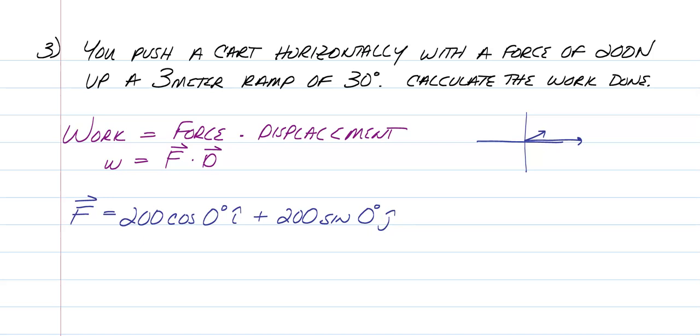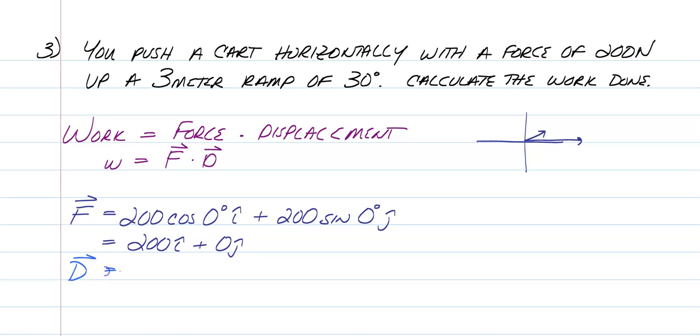Now, because the cosine is going to be 1 at 0, you should already know this from the unit circle, but just use your graphing calculator if you have to. That's going to end up giving us 200 i hat plus 0 j hat. Now, we're going to work with our displacement.